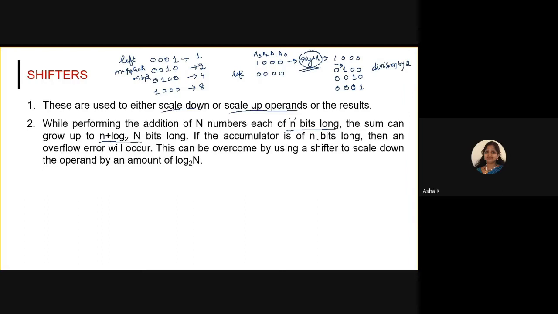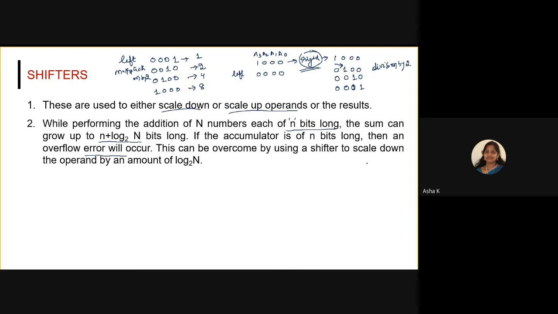If the accumulator is n bits long and any of the additions yields more than n bits, then overflow of the result occurs.